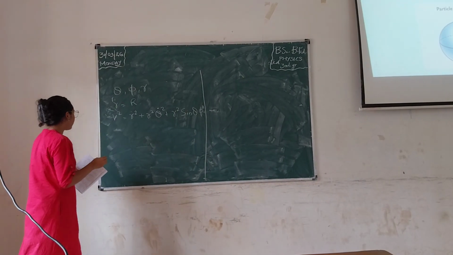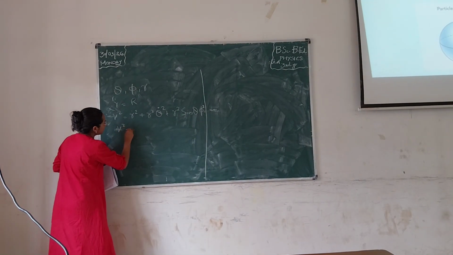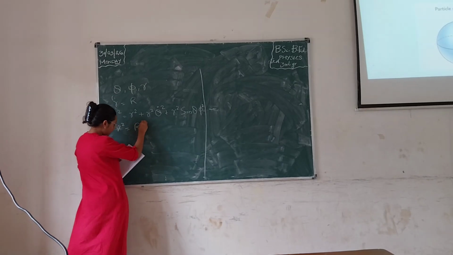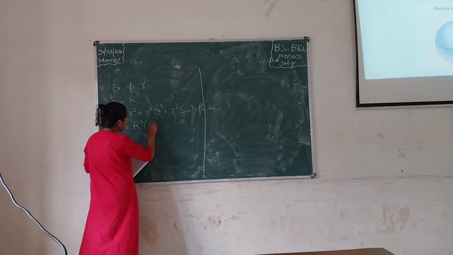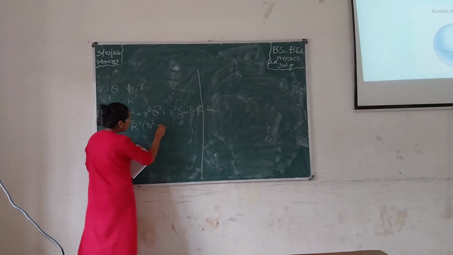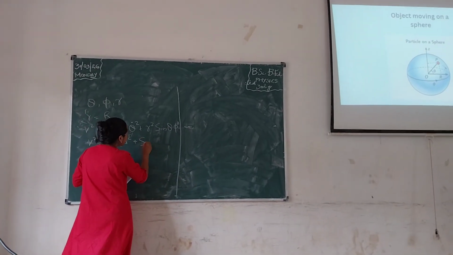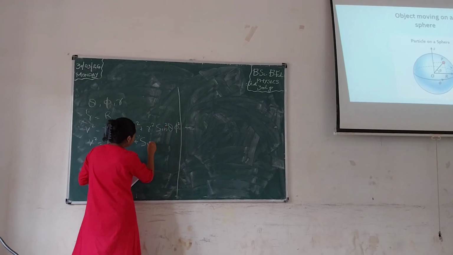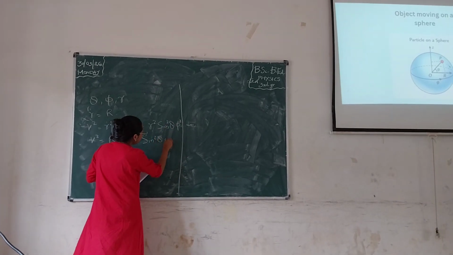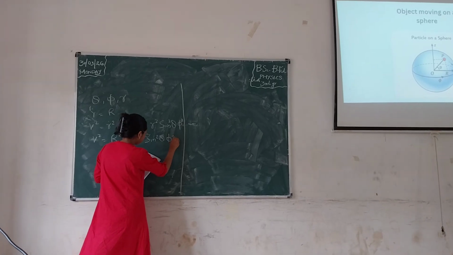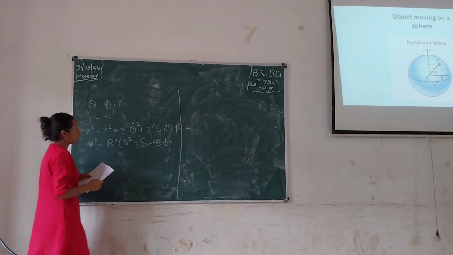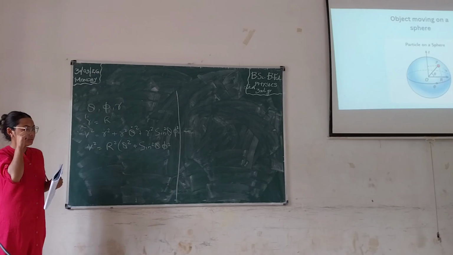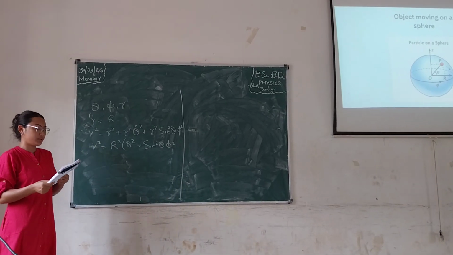So it will give us v square equal to r square into theta dot square plus sin square theta phi dot square. So to find the equation of motion, we need to find the kinetic energy and potential energy.